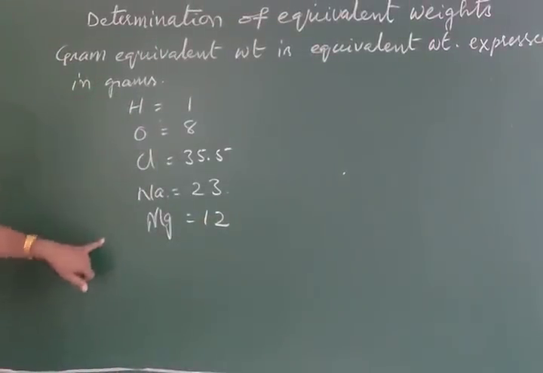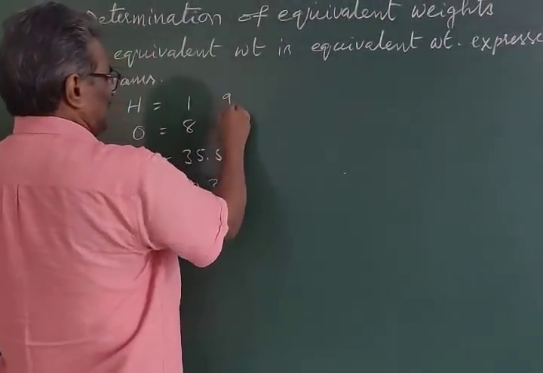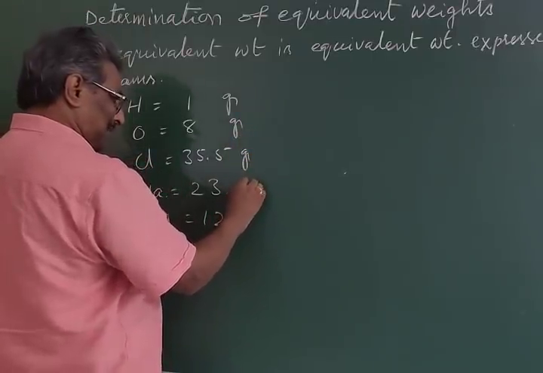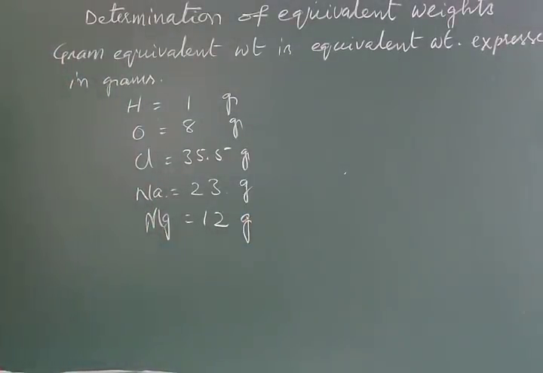The corresponding gram equivalent weights of these elements are 1 gram, 8 grams, 35.5 grams, 23 grams, and 12 grams. So if grams are added beside the number that shows the equivalent weight, we get the gram equivalent weight.